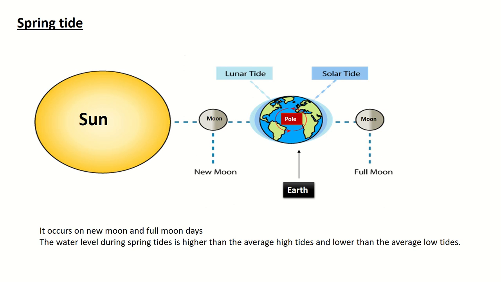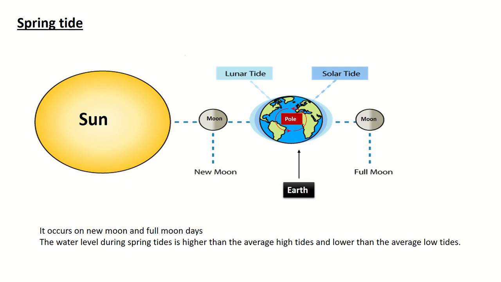You can see that the sun, moon and earth are all lying in a straight line. There are two things related to the moon: one is new moon and the second is full moon. From the picture it is very clear that it occurs on new moon days and full moon days.